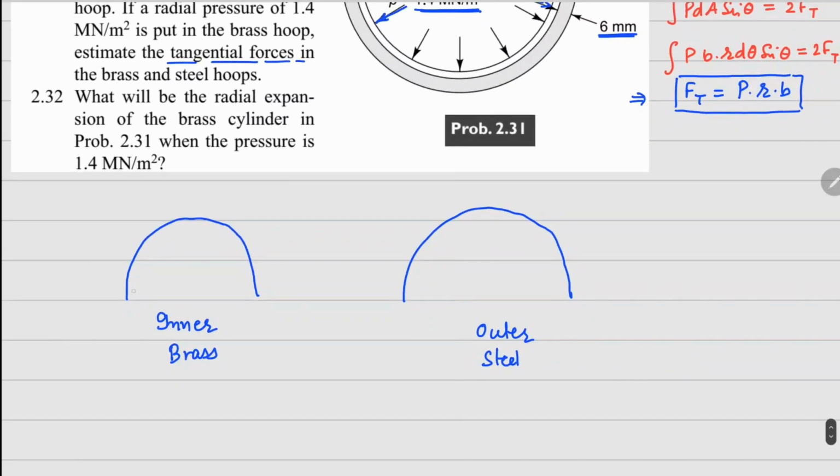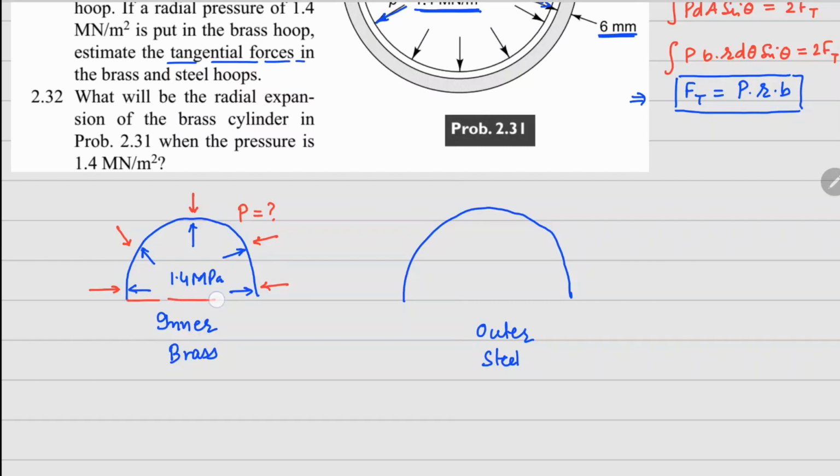Now on the inner hoop we have this pressure that is given to us already, which is 1.4 megapascals. Since this inner hoop is in contact with steel from the outside, there will be this pressure that comes from the steel hoop on it. And what is the value of this?